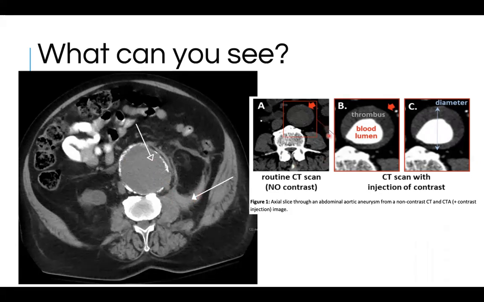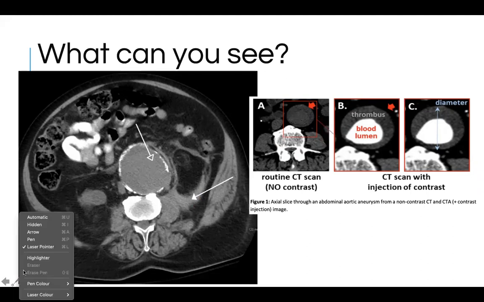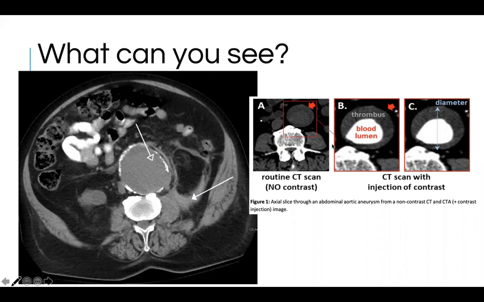So generally when you're doing imaging to look for AAA, you could see the aneurysm without contrast. Okay, so you see routine CT scan without contrast, you'd see the aneurysm.